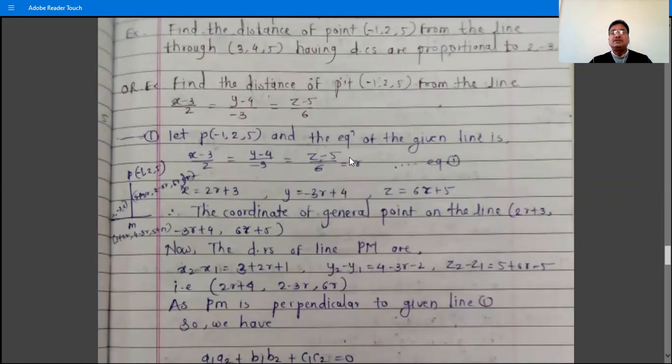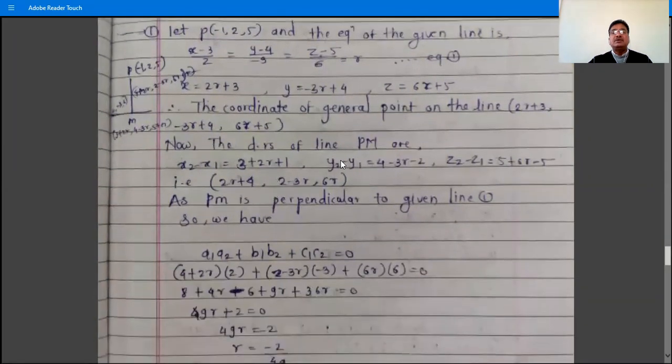So y = -3r + 4, and after comparing these two, z is 6r + 5. So the coordinates of a general point on this line are of this form: (2r + 3, -3r + 4, 6r + 5).